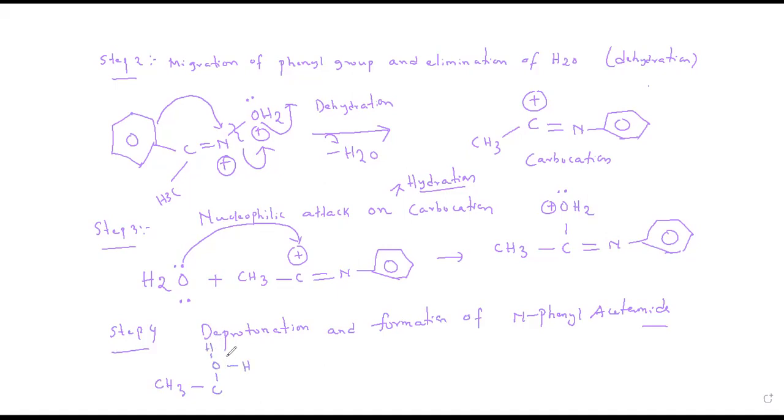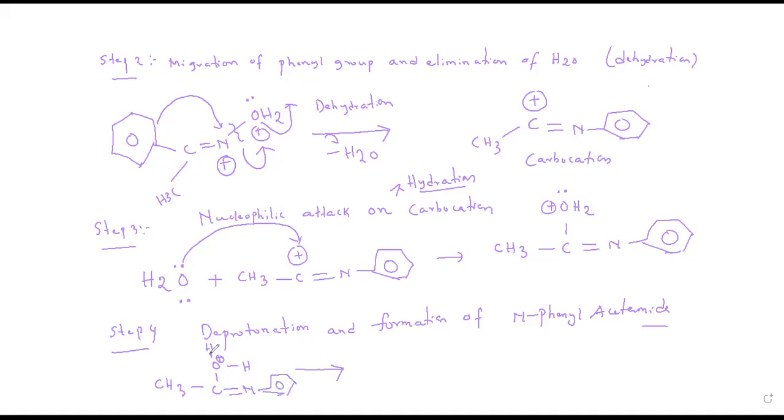Here oxygen will have positive charge because already it is having only 1 lone pair of electron. So first what we need to do is we need to stabilize the positive charge on the oxygen atom.